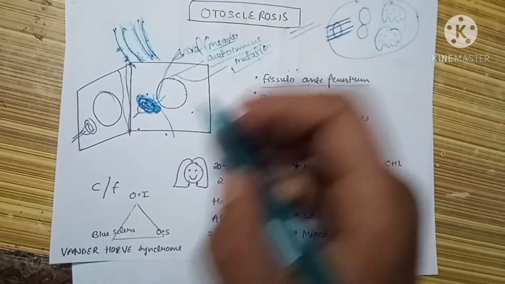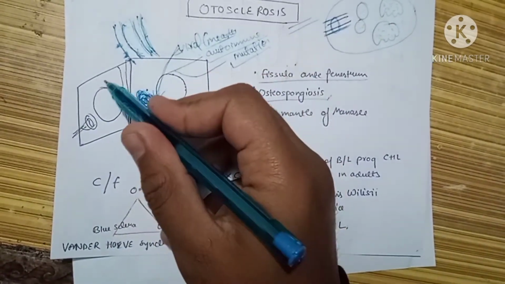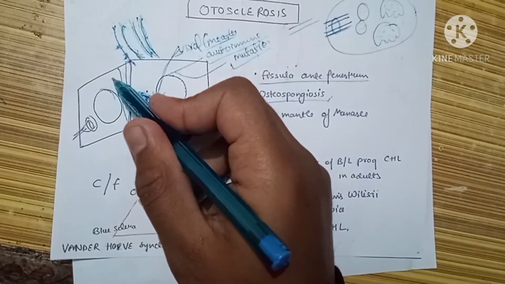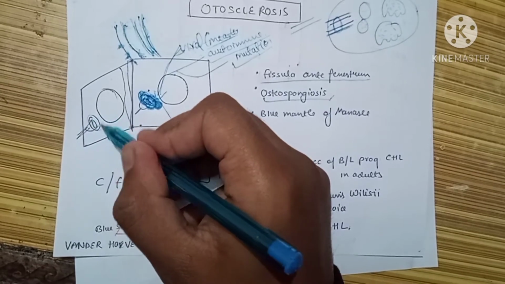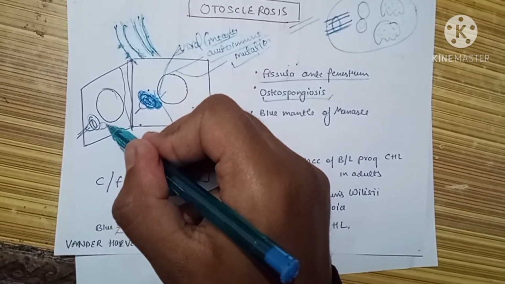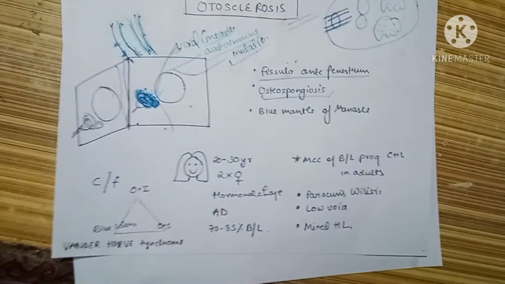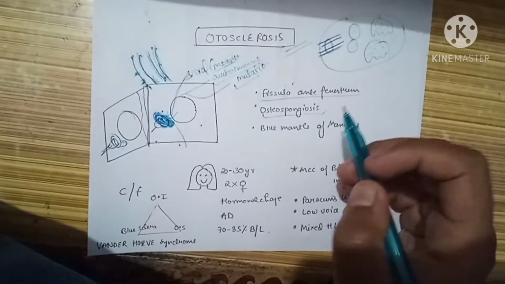One such area is located just, so this is for semantic purpose, this is also the medial wall of the middle ear, the same thing, so showing it twice. This is the area that is the oval window with the stapes superstructure. One such area is located anterior inferior to it, known as fissula ante fenestram.